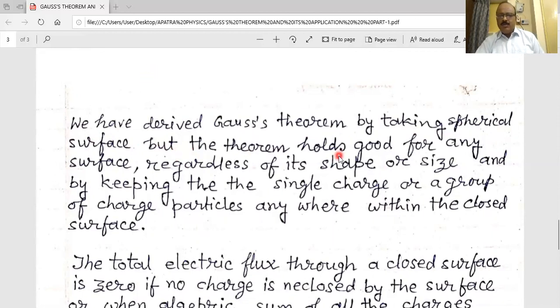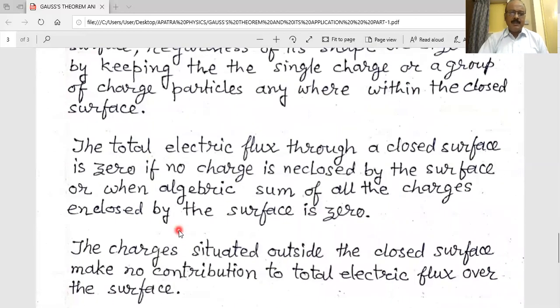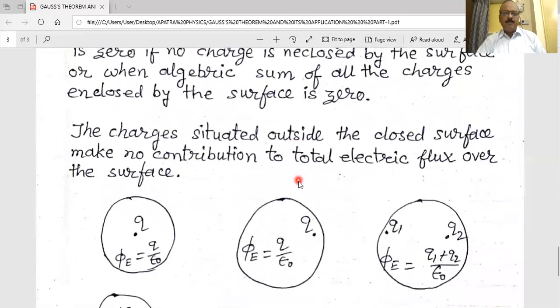But the theorem holds good for any surface, regardless of its shape or size, and for a single charge or a group of charged particles anywhere within the closed surface. The total electric flux through a closed surface is zero if no charge is enclosed by the surface, or when the algebraic sum of all the charges enclosed is zero.